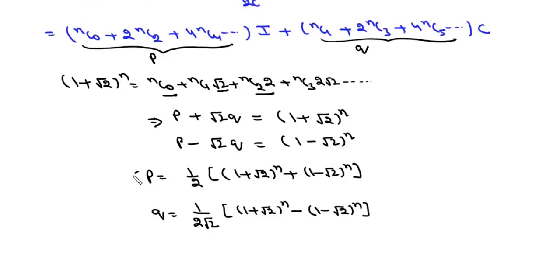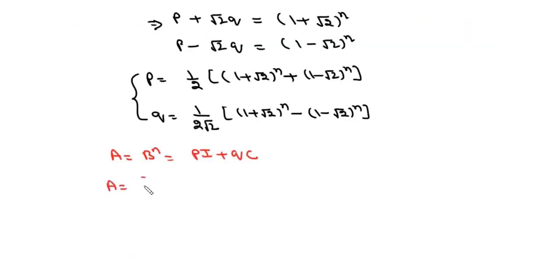So now we have worked out values of P and Q. So basically we can write A, which is B to the power n, and there will be PI plus QC. So this A will be this PI, so it will be P, 0, 0, P, and plus Q into C. Now C was 1, 1, 1, minus 1. So there will be Q, Q, Q, minus Q.